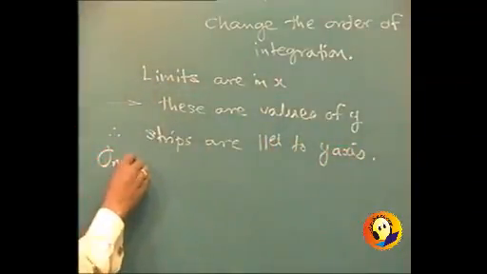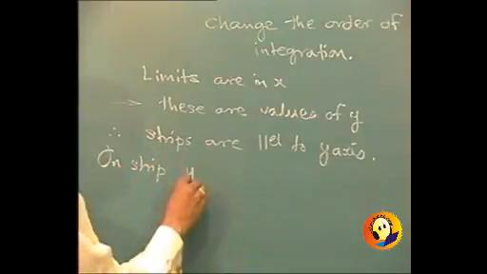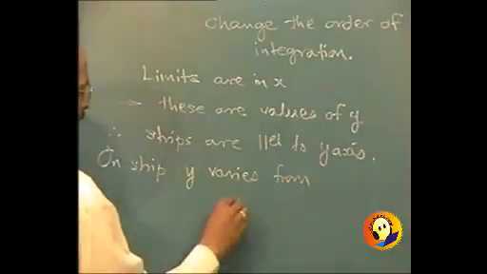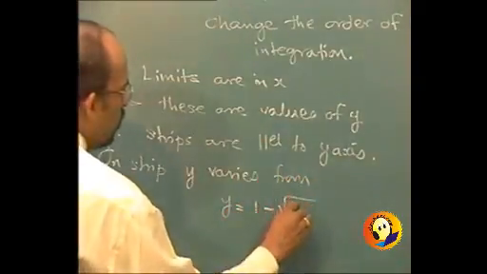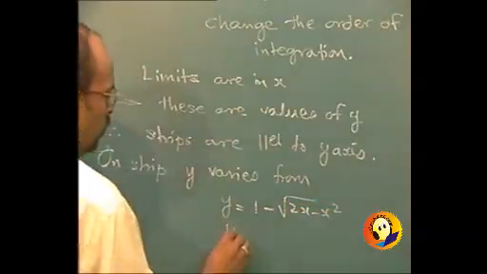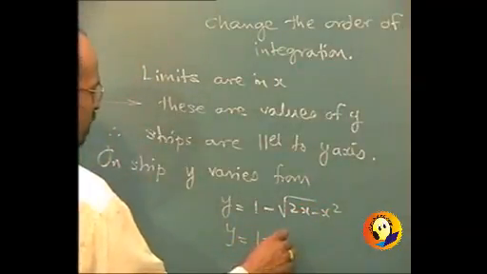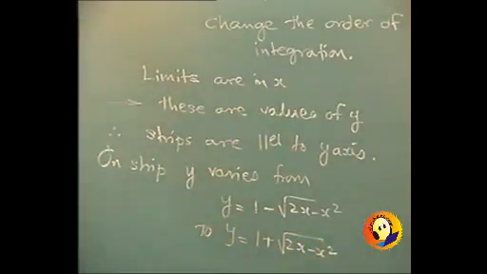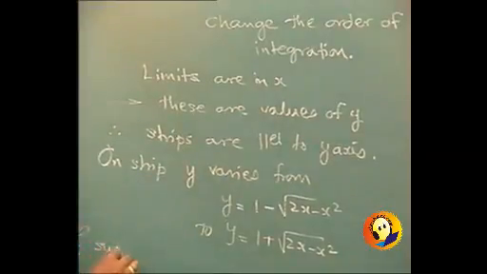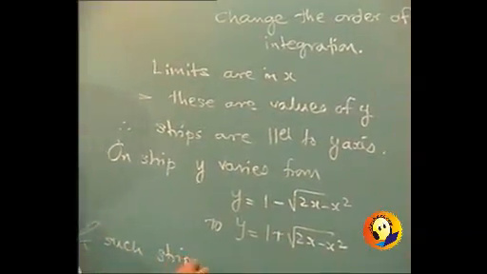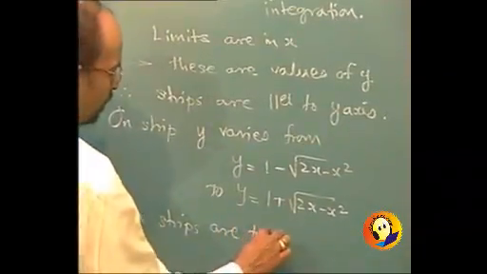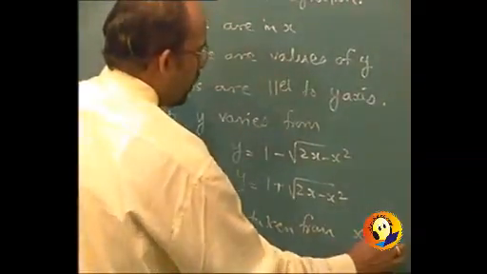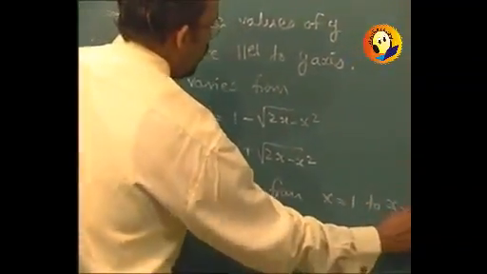On a strip, y varies from y equal to 1 minus under root 2x minus x square to y equal to 1 plus under root 2x minus x square, and such strips are taken from x equal to 1 to x equal to 2.